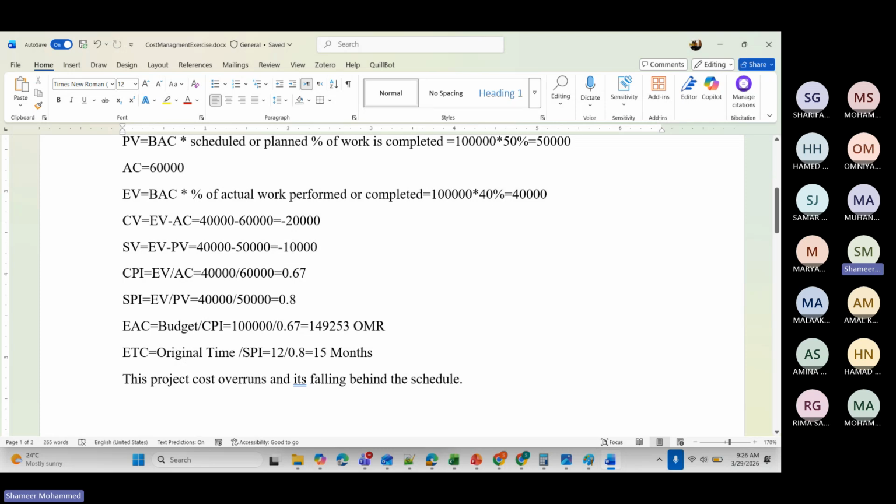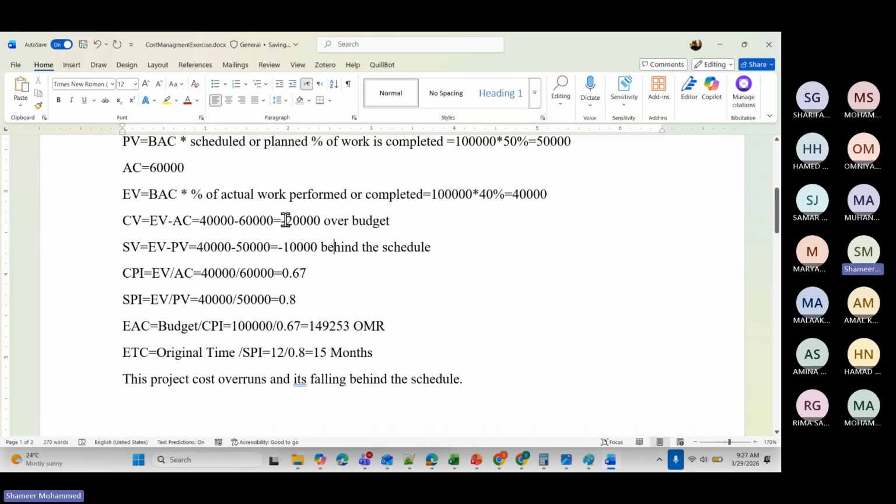Over budget, this one. Behind the schedule. So this project is performing like that.